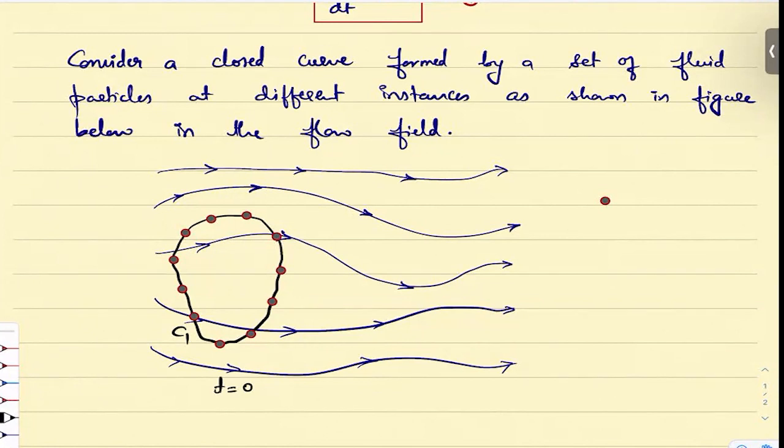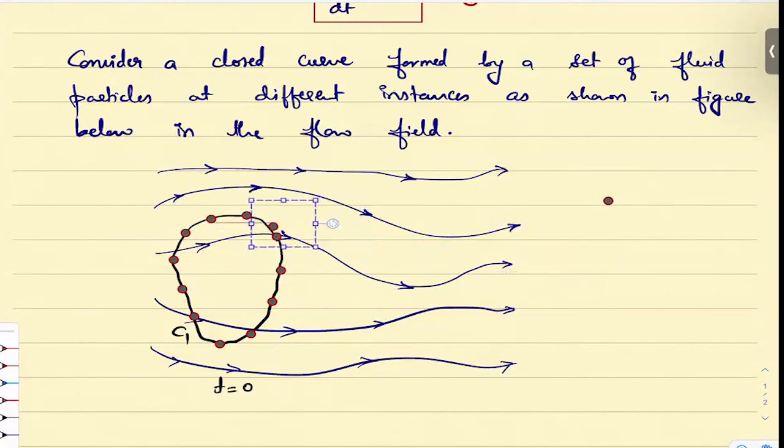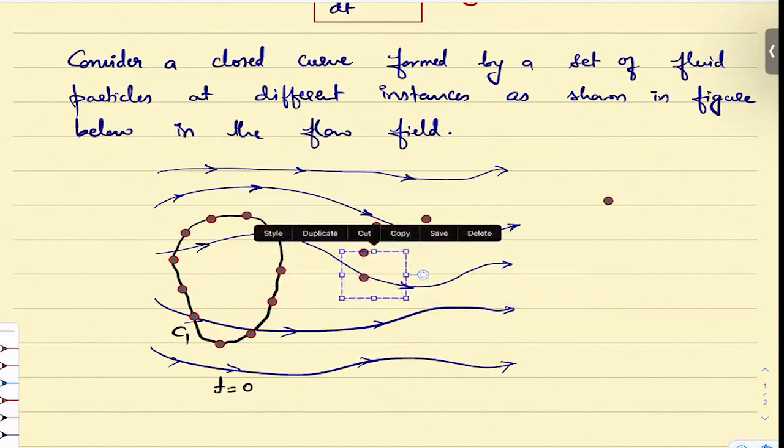Can I go ahead now? After some time, this fluid particle, let's say, traveled somewhat like this and reached this particular location. The next fluid particle came and occupied this position. At some new time, we are looking at these particles' positions and they are forming a loop, something like this. The same fluid particles should form the loop.